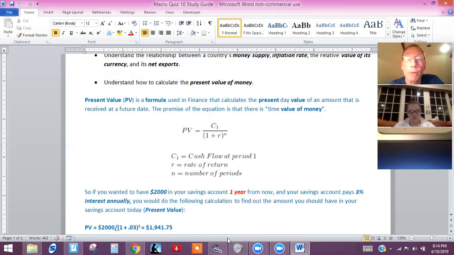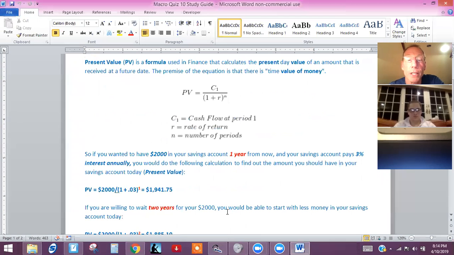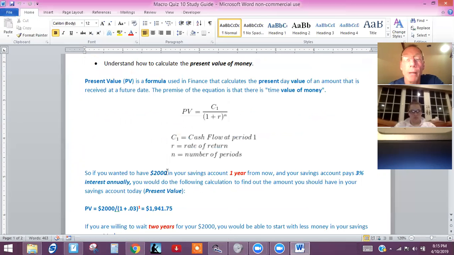Present value of money. What we're talking about here is that if you are going to save or invest money, right? So the example I give right here is that you want to, in the future, say in a year from now, have $2,000 in your savings.